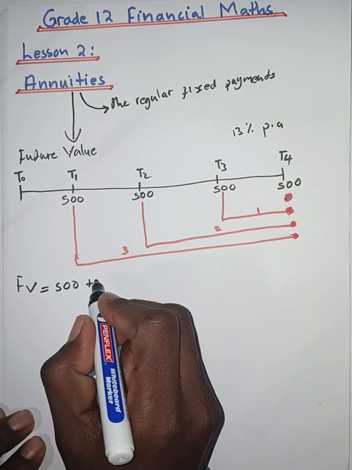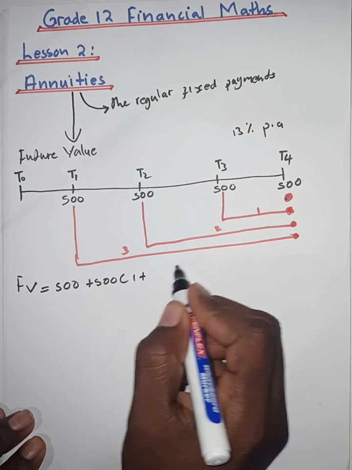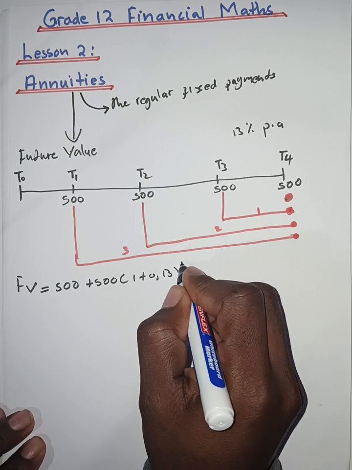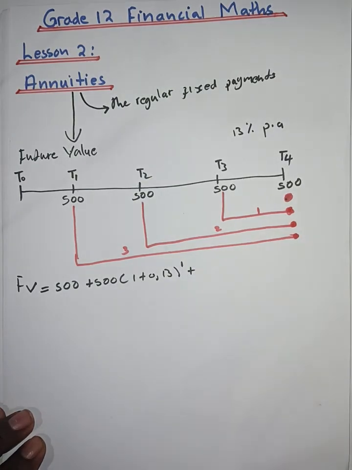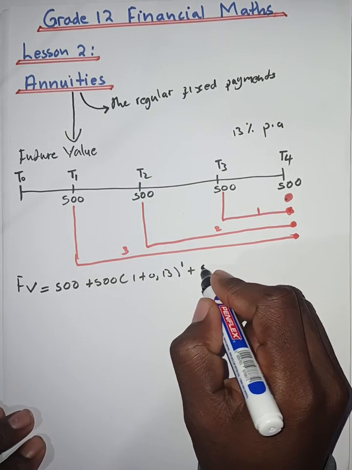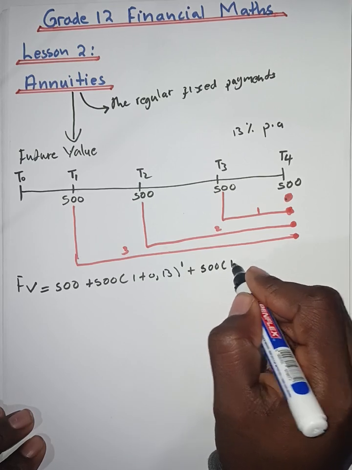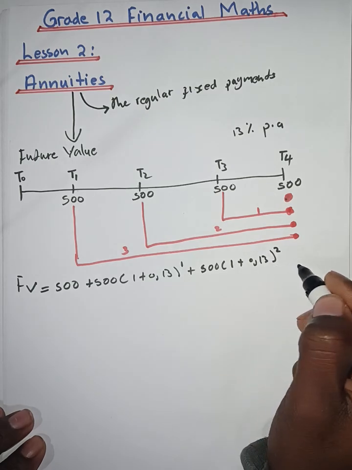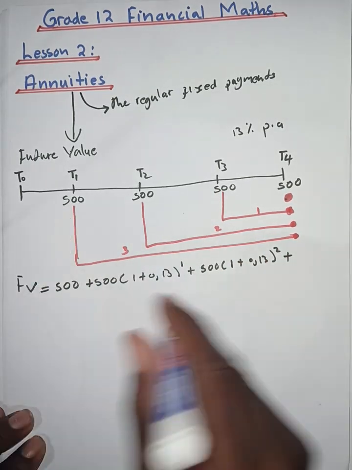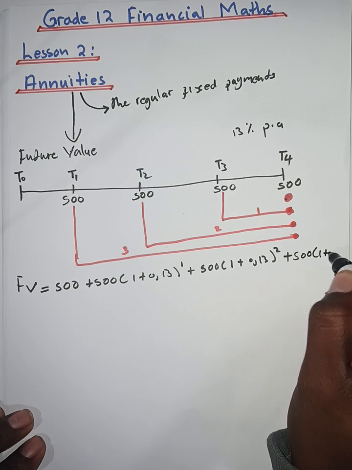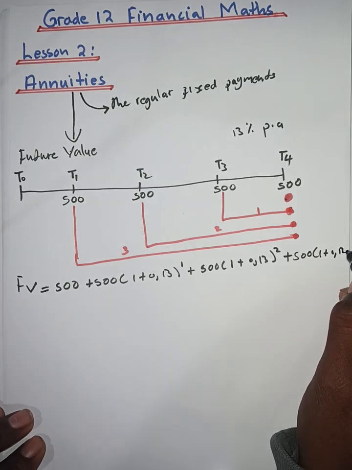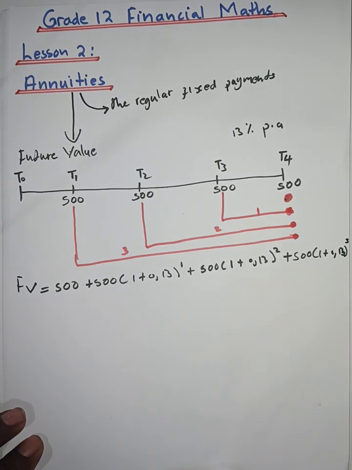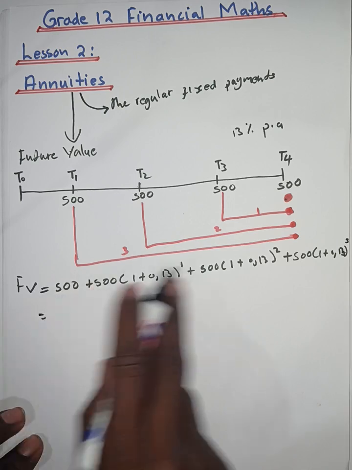That would be 500 times 1 plus 0.13, for 1 year, plus the one there, 500 times 1 plus 0.13 for 2 years, plus the one there, 500 times 1 plus 0.13 for 3 years. So the future value annuity is the sum of all of this.